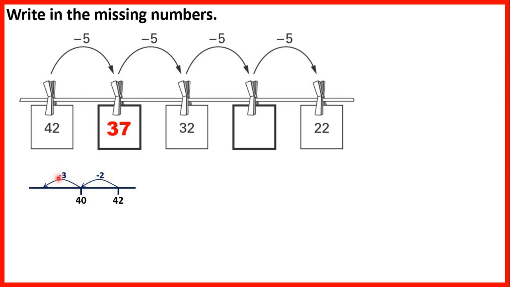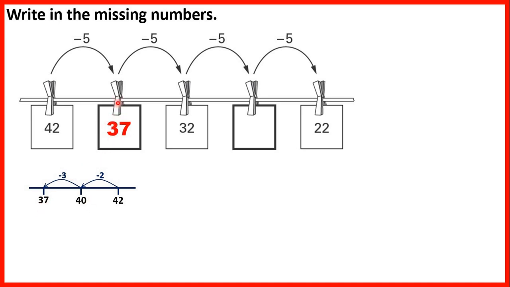So we need to subtract another 3 because if we subtract 2 and then 3, that's subtracting 5 altogether. And 40 minus 3 is 37, because 7 and 3 make a number bond to 10. So this number here is 37.